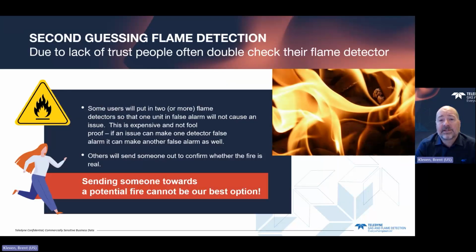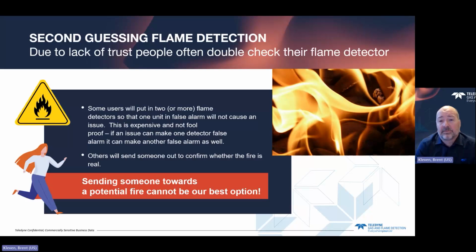Also, we don't want to second guess the flame detection. I've talked to a lot of people who say, we've had false alarms, we've had issues. And so what they'll do is they'll put maybe two or more in an area. The idea being that if one detects a fire and the second detects a fire, maybe that's going to be a double check on a system. But the problem with that is if one can be fooled, a second can be fooled.